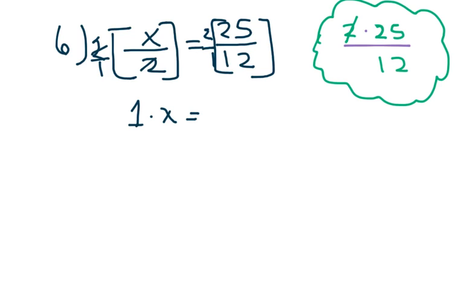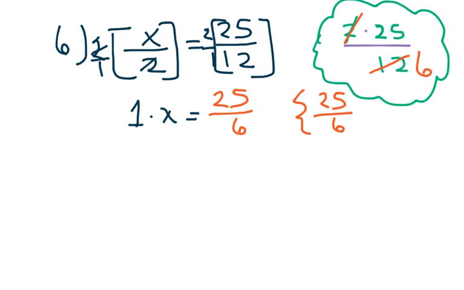So I'm going to take out the 2 here. 2 goes into 12 6 times, and you get 25 over 6. So my solution set is 25 over 6. You could just multiply this across, 2 times 25, and get 50 over 12, and then you could reduce by 2 and simplify that way. So either way is fine.